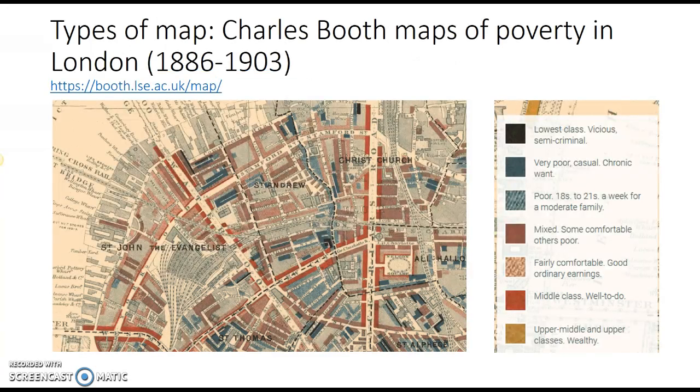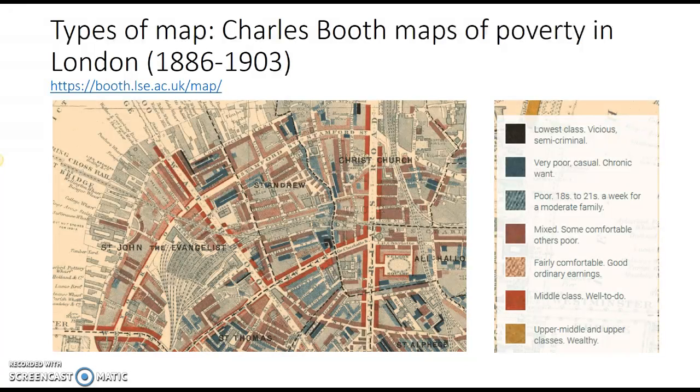There's other types of maps for different purposes. So whereas the Ordnance Survey maps are meant to be accurate representations of the street plans and the whole of the country, we also have different types of maps thought up by Victorians who are obsessed with trying to count things and trying to use statistics to solve social problems.